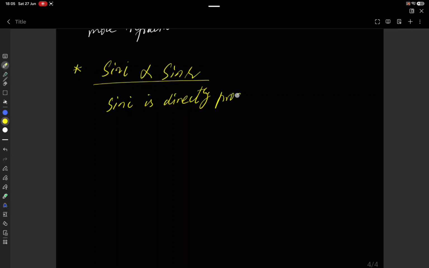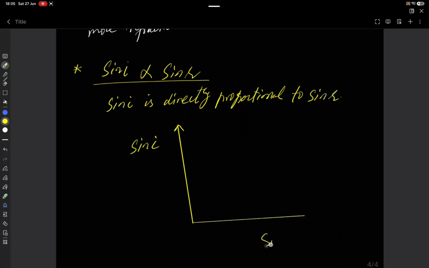Sine of the angle of incidence is directly proportional to sine r. If we plot the graph between sine i and sine r, the graph is a straight line passing through the origin.